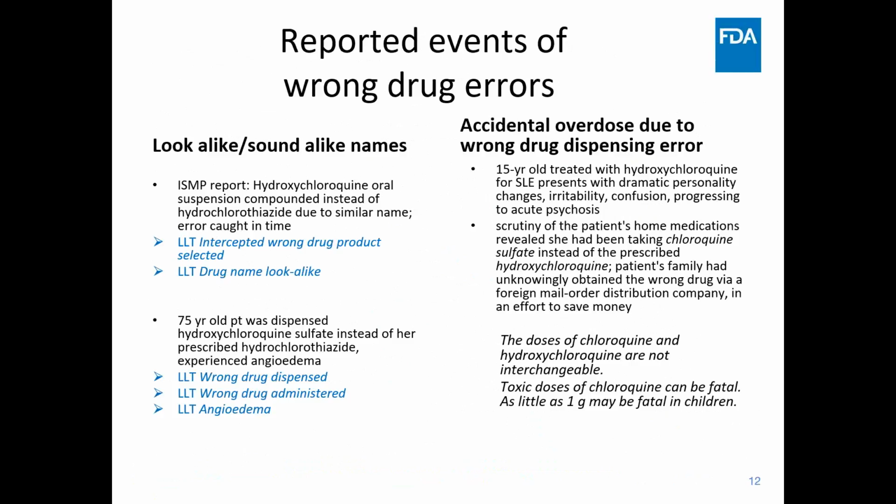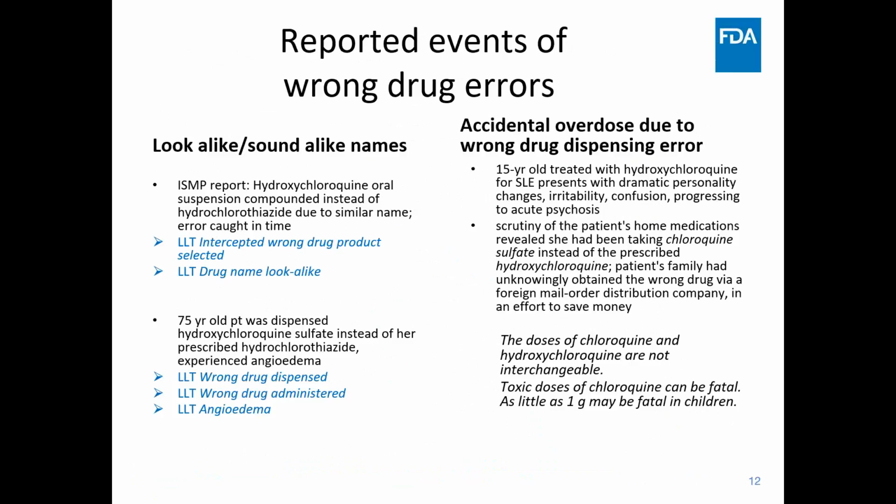The next case was interesting. It's a 15-year-old treated with hydroxychloroquine for lupus, so long-term prescription, but she presents with a dramatic personality change that progresses to acute psychosis. And then scrutiny of her home medication revealed that she has been taking chloroquine sulfate instead of the prescribed hydroxychloroquine.